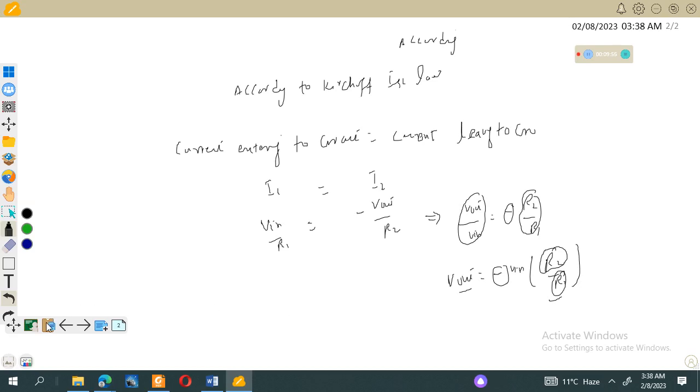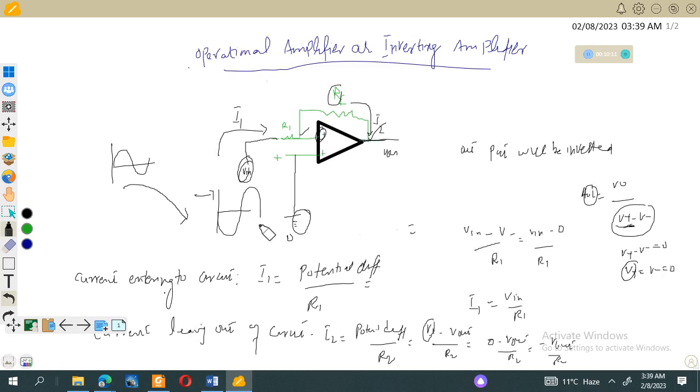So in this case, the input will be inverted as well as amplified, because we have a negative sign, and this output does not depend upon the internal structure of the operational amplifier. Okay, so I will stop at this point.